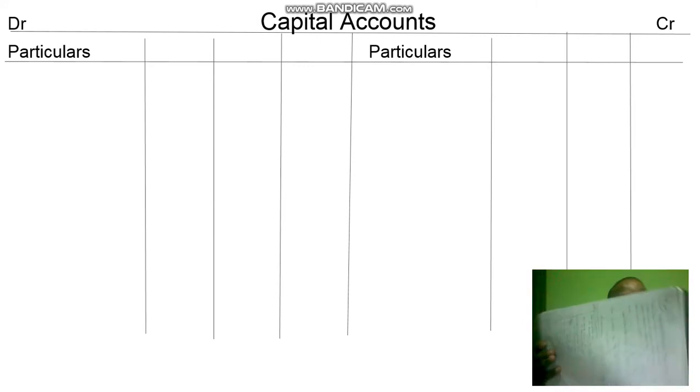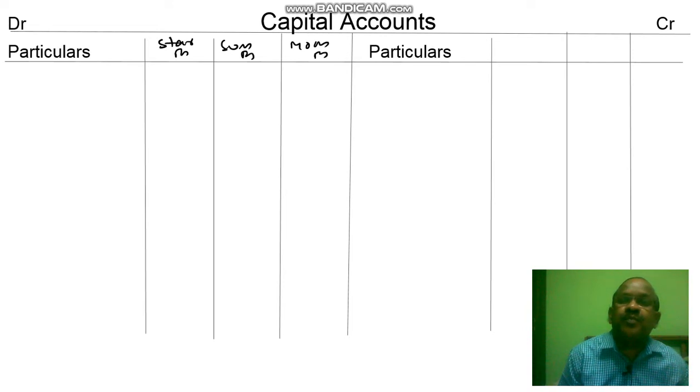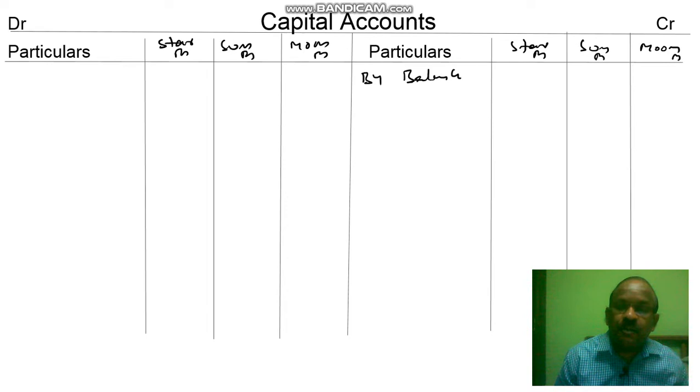Next we are going to prepare the capital accounts. Here the capital accounts: first is Star rupees, Sun rupees, Moon rupees. By balance, the balances of the partners are 50,000, 40,000, 30,000.